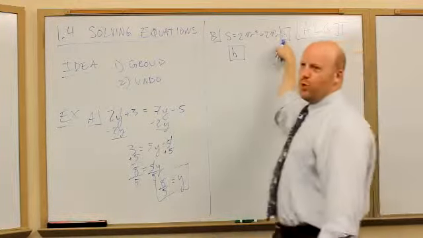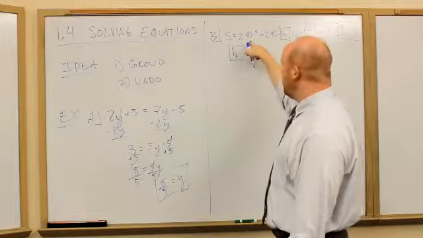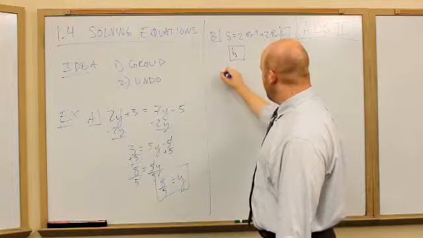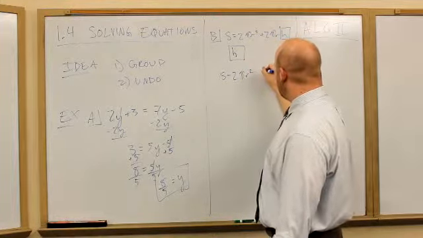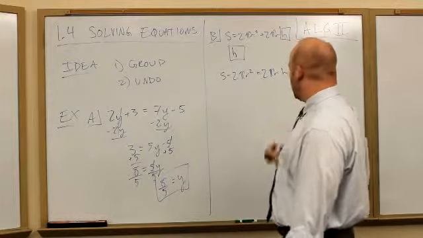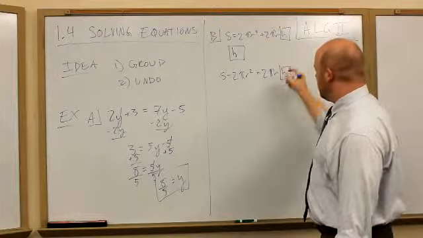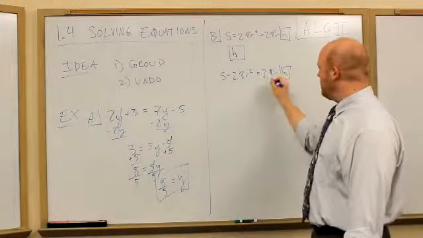Once again, I need to group like terms. Does this have an h? No. So let's subtract it. So I'm going to have s minus 2 pi r squared equals 2 pi r h. Keep the box. Last thing, I need to undo this multiplication.